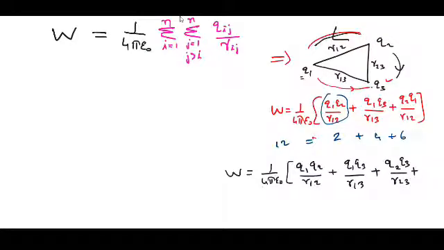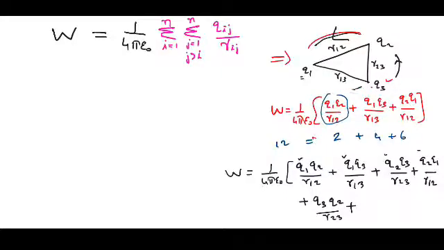Then what else? Q2 and Q1, Q2 Q1 divided by R12. The two charges starting from Q1, Q1 Q2 and Q2 Q1, is over. Similarly, we will have two terms for Q3. First one, Q3 Q2, Q3 Q2 divided by R23, plus next this one, Q3 Q1, Q3 Q1 divided by R13.